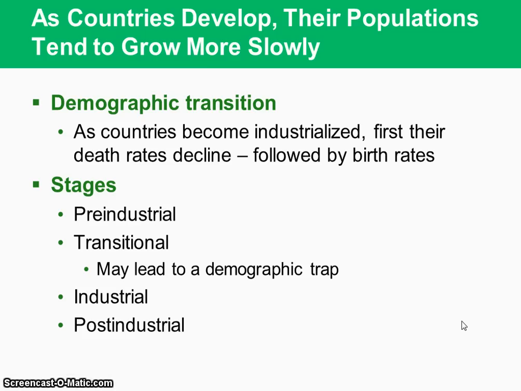We'll look at that in the graphic coming up in a minute. Also, like I said before, there's this demographic trap that can happen, and it occurs during the transitional phase. So be paying attention for that term when it comes up.